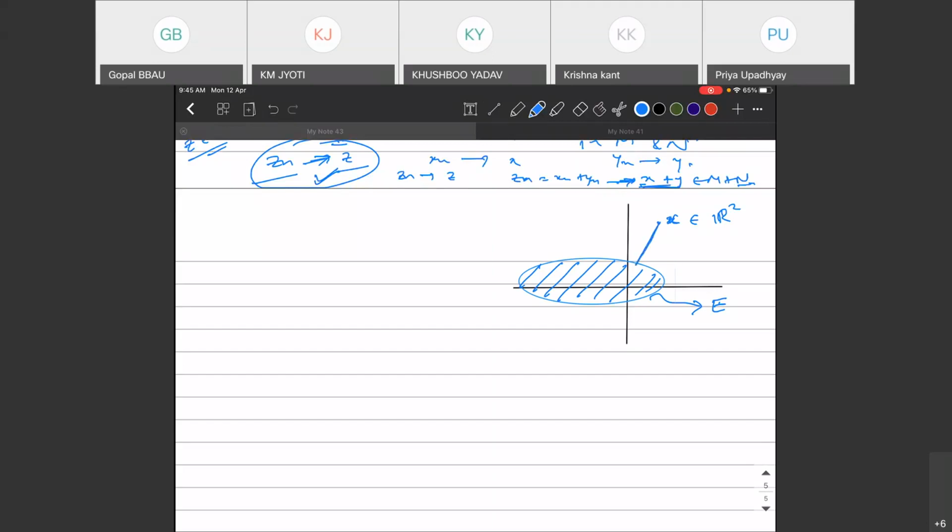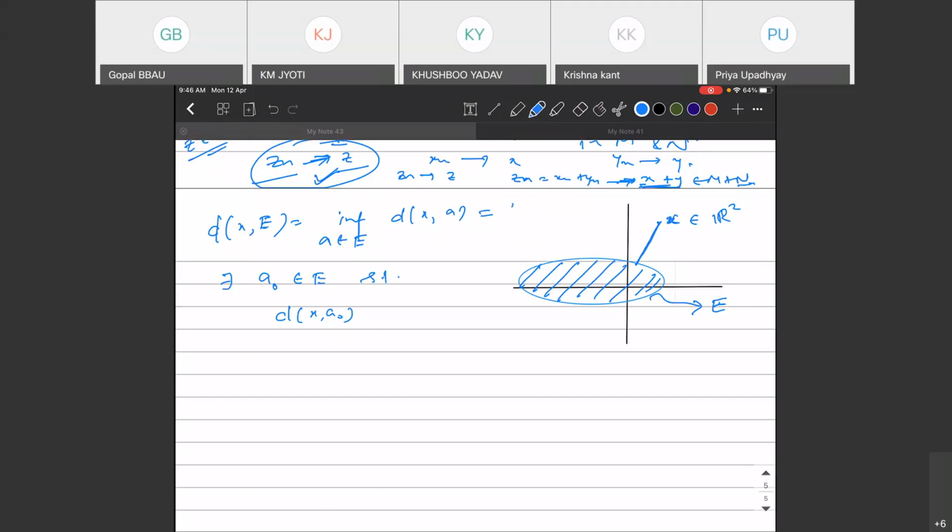So how do you define distance? d(X, E), how do you define this? This is the infimum of d(X, A), where A runs in E. Correct? So the question is, does there exist some A naught in E such that d(X, A naught) is this distance?